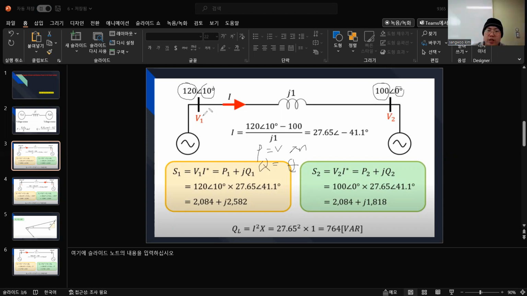But here's the thing. Here's V1 and V2, right? So for example, it doesn't matter whether the current direction is here or this way.